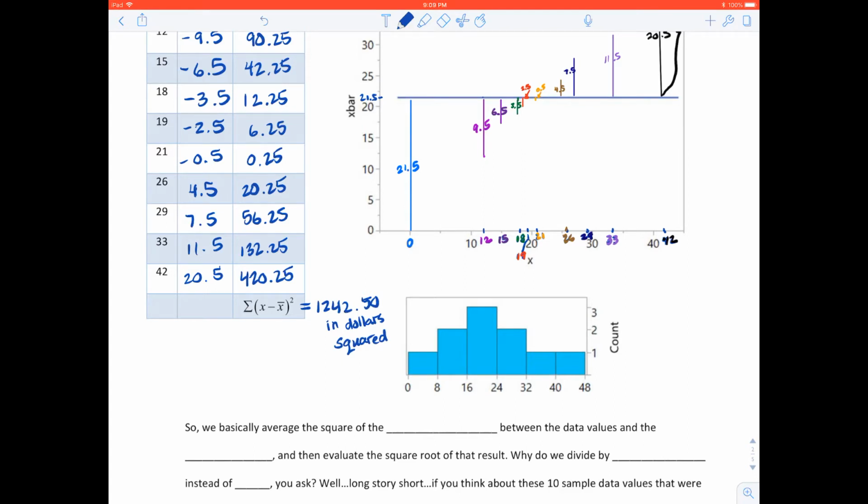So the official formula for sample standard deviation is S equals the square root of the summation of quantity x minus x bar squared divided by n-1. So for us, S will equal the square root of $1,242.5.